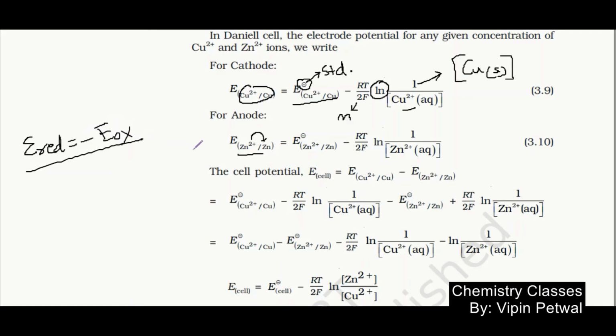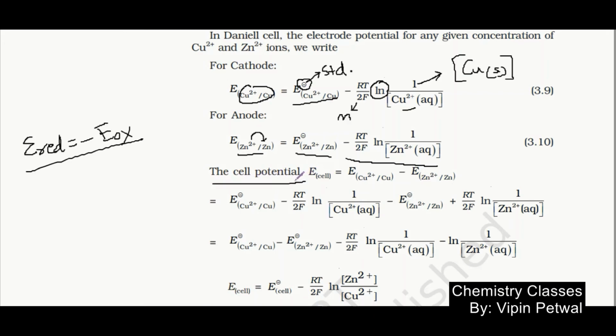Okay, in the same way we can find the reduction potential for zinc. So this is the standard electrode potential of zinc, and we have written the same by the formula. Is that point clear?